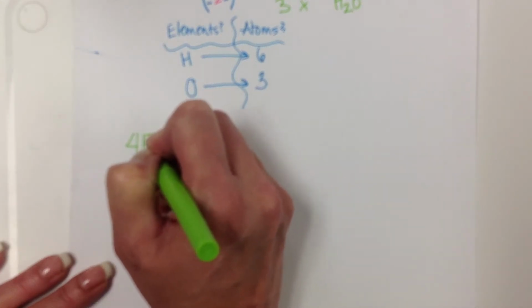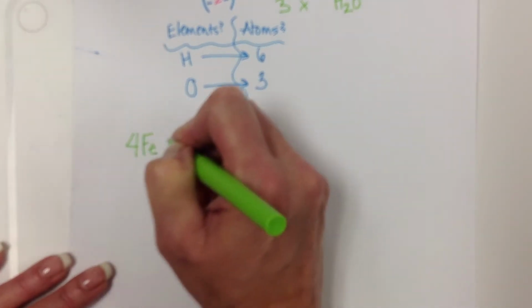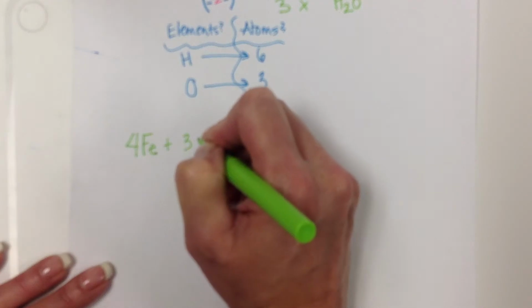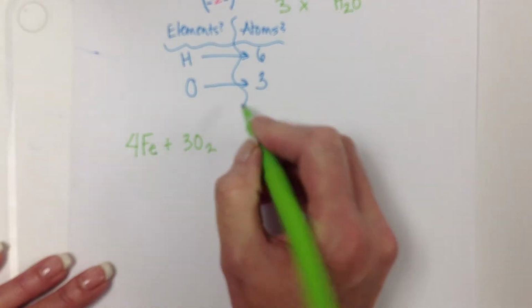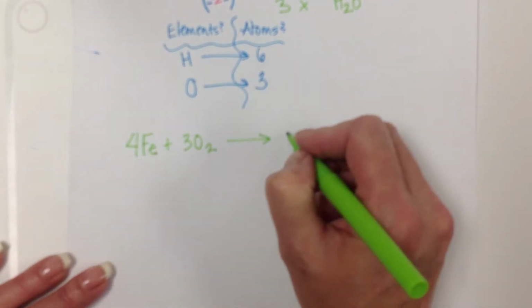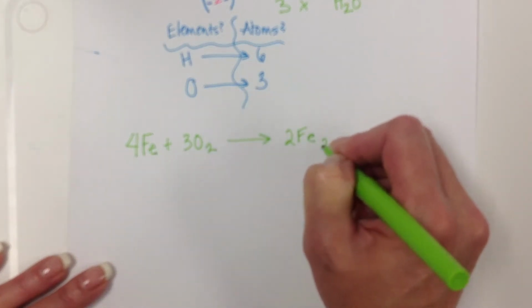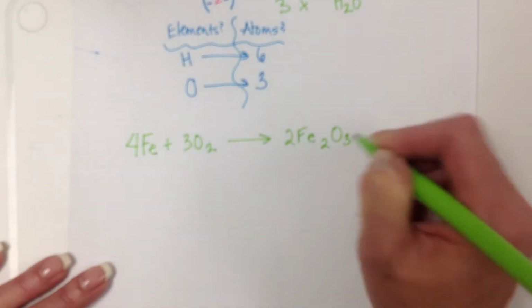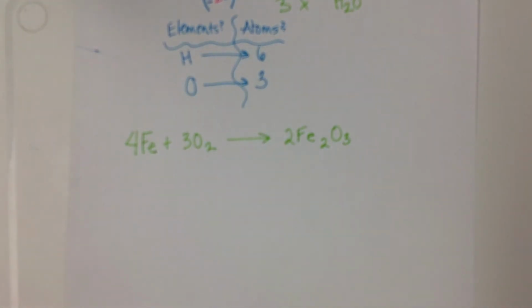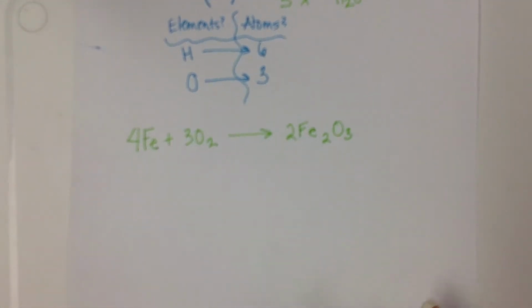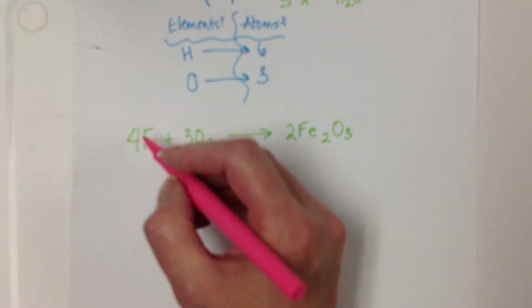We have 4Fe plus 3O2 yields 2Fe2O3. Alright, looks complicated, but it is not, I promise you. So first of all, we have 4Fe.